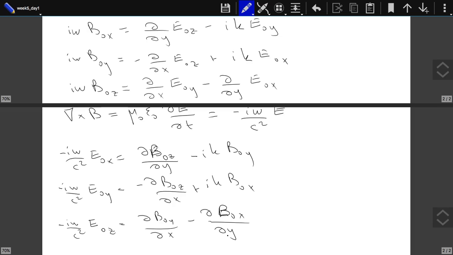Here we have terms that contain derivatives, terms that don't contain derivatives, etc. So first let's try to express everything that doesn't contain the derivative in terms of things that contain the derivatives. So we will be able to deal with the derivatives later on. So let's see. Let's look at this equation. This equation contains E0x and B0y.